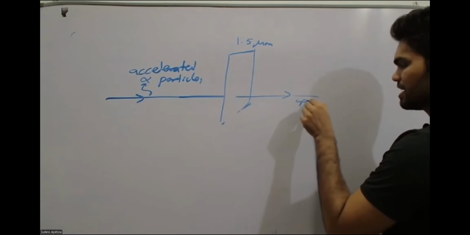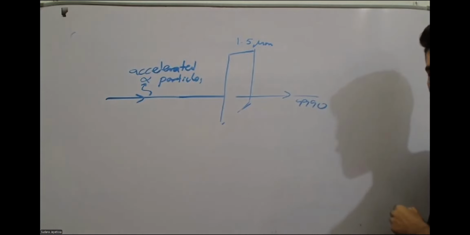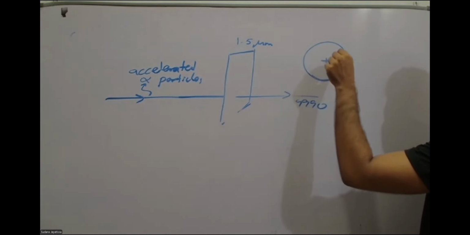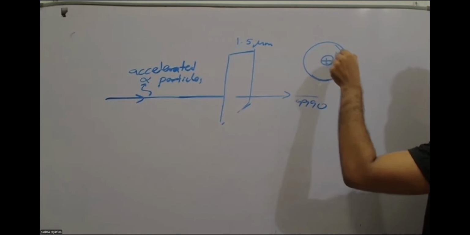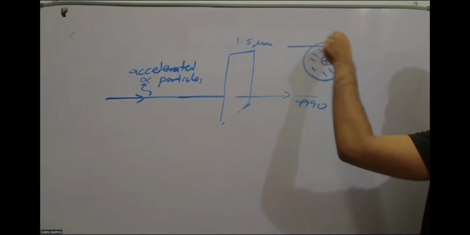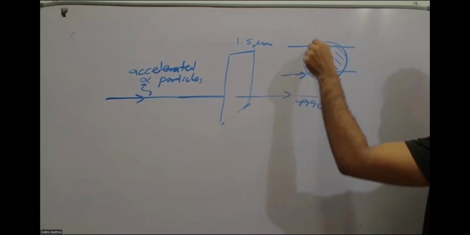So 9,990 passed. Why? Because according to the Rutherford model, most of the space of the atom is empty, so alpha particles can pass through it without any problem.